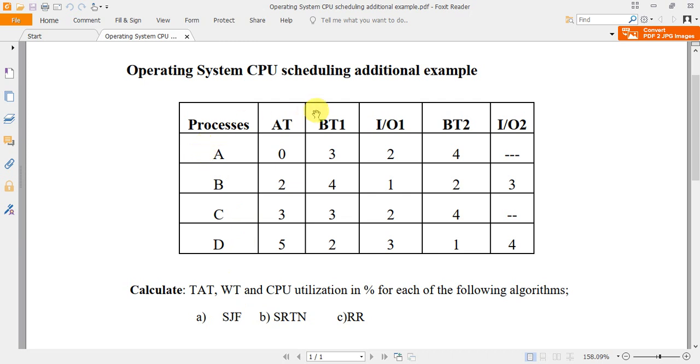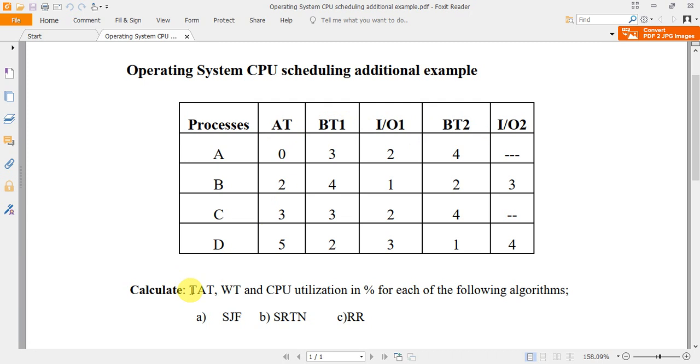If you are given such details, a process with a number of burst times, take here BT1 meaning burst time 1, IO1 meaning input output request 1, and so on for BT1, BT2, IO1, IO2.